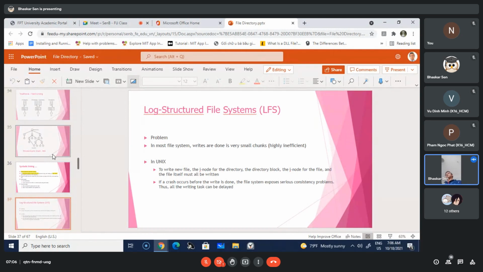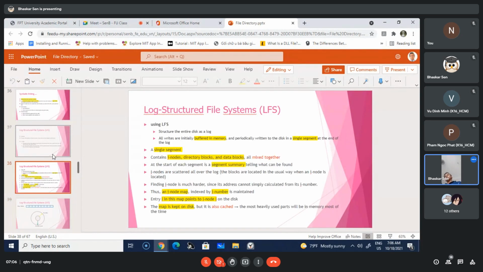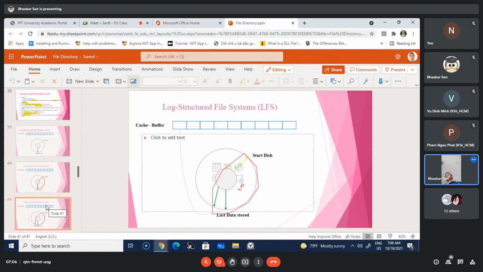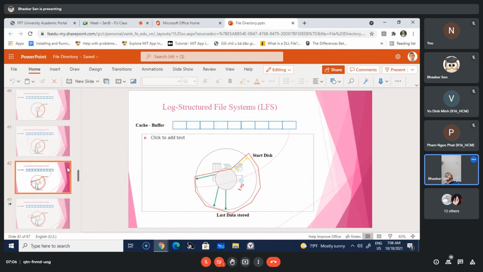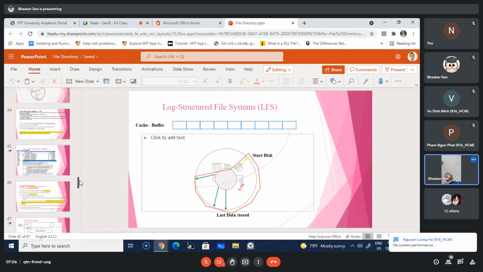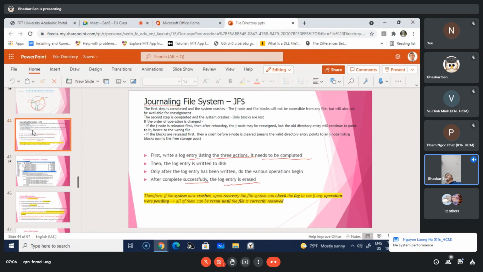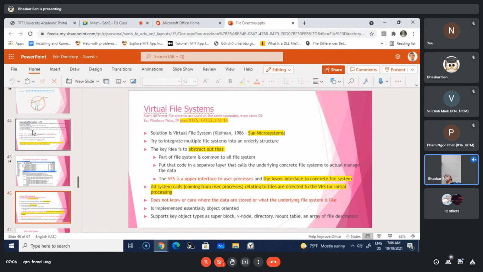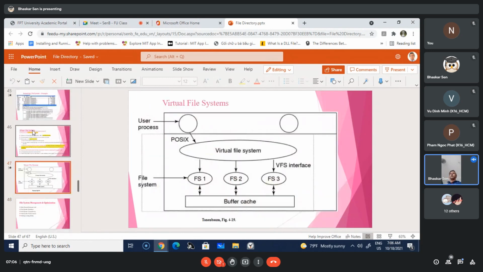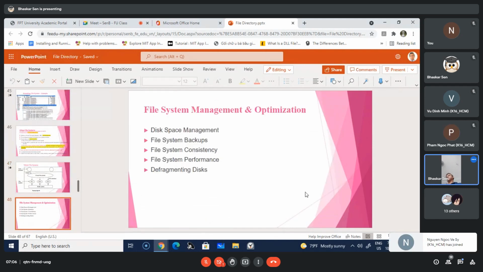Log structured file system, then the journaling file system, which is equally important. There's a whole bunch of slides. I didn't show you the slides. JFS, and finally VFS, a virtual file system. So are we supposed to get started from here?